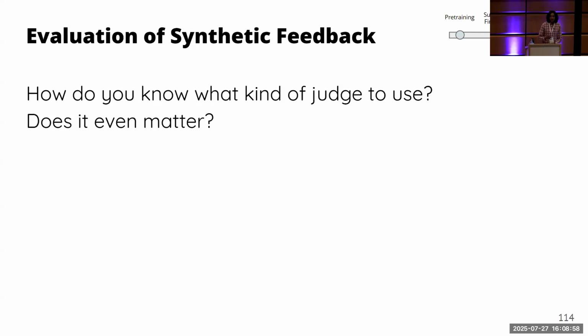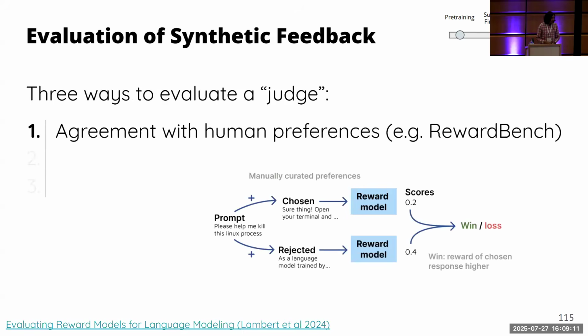And so now I've discussed 5 different ways of generating synthetic feedback. How do you even know which kind to use? For this, we have to discuss how to evaluate synthetic feedback. And there's a few ways that this can be done. The first is calculating agreement with human preferences.